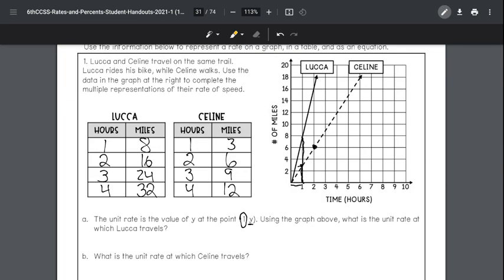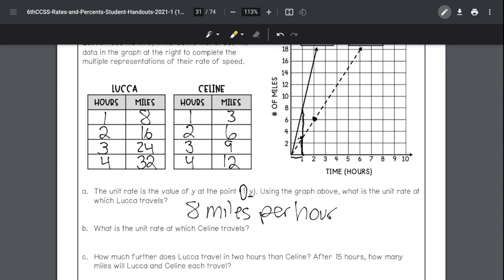That's our unit rate. We know his unit rate is 8 miles per hour. B, what is the unit rate at which Celine travels? Look at your table. We can see 3 miles per hour.